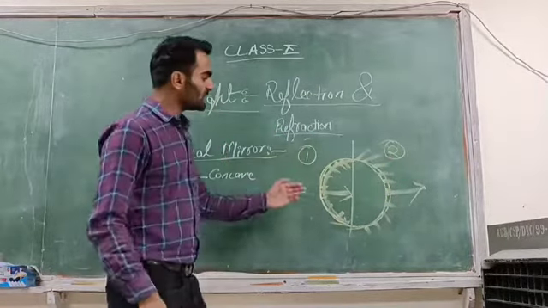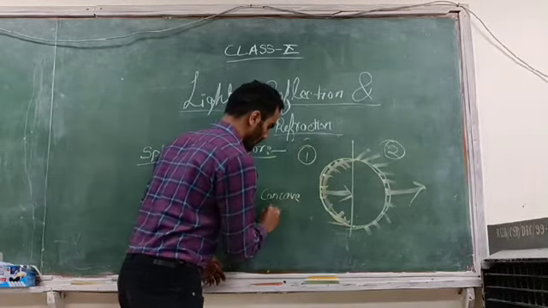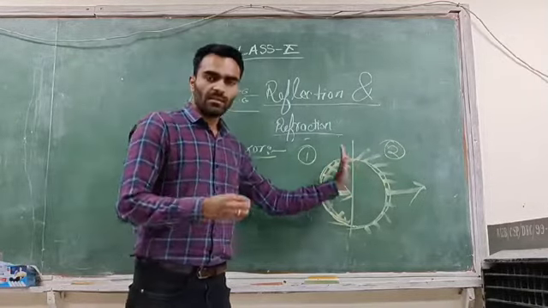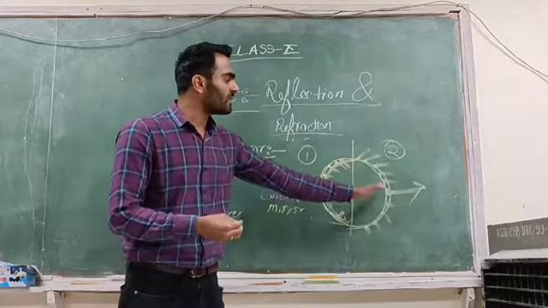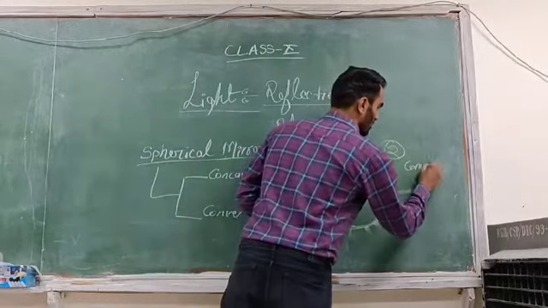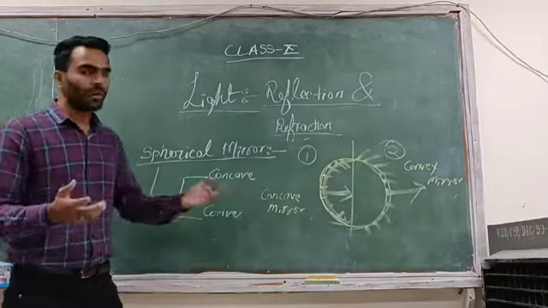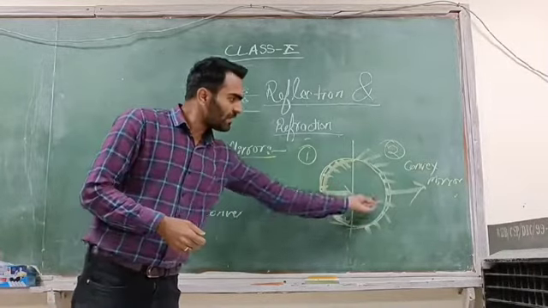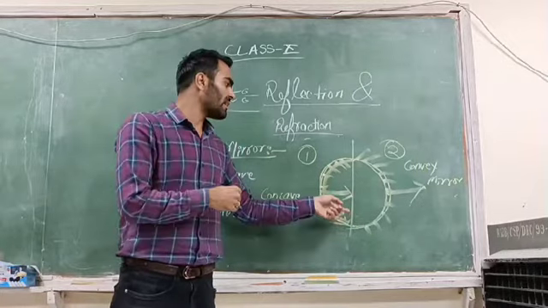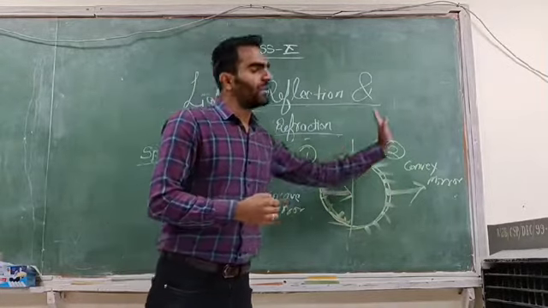The first mirror, which is towards the center, will be our concave mirror. And the second, when we make the radius of curvature outward from the center, will be the convex mirror. So what we are doing is taking a piece of a sphere, and for making a spherical mirror we take a sphere and then coat it towards the center or outward from the center.